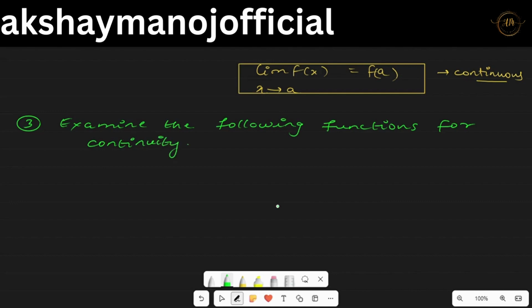Under that, the first function here is f of x equals x minus 5. Solution. So you have to first write the given function.